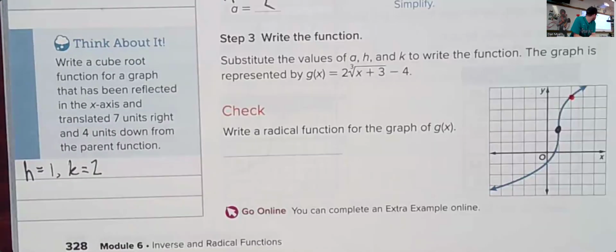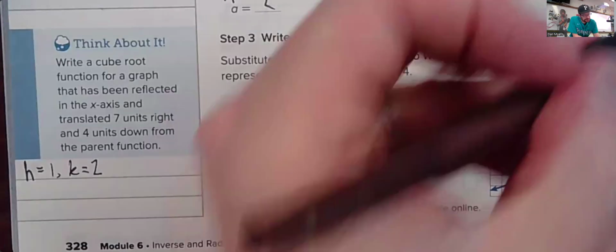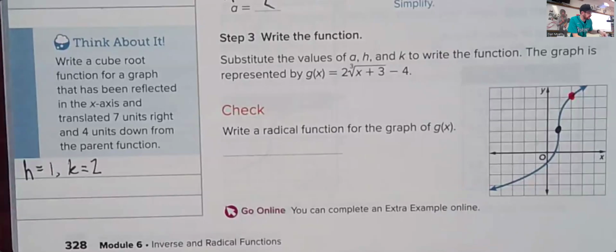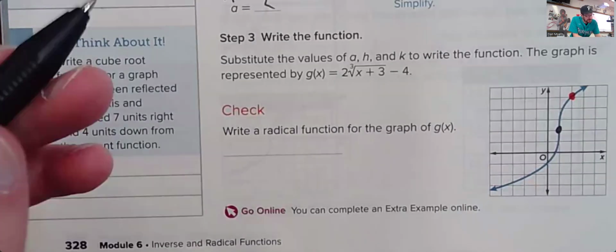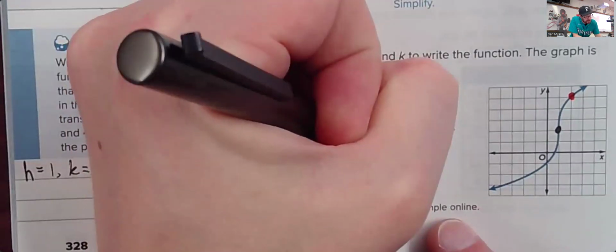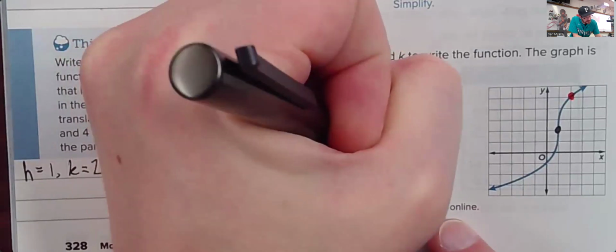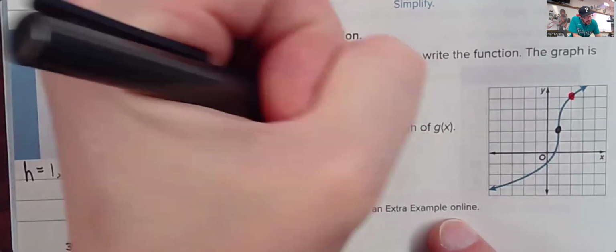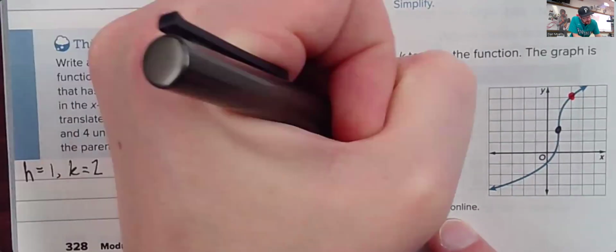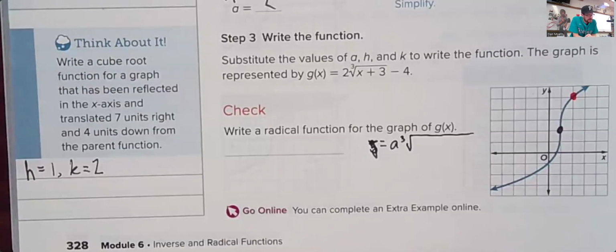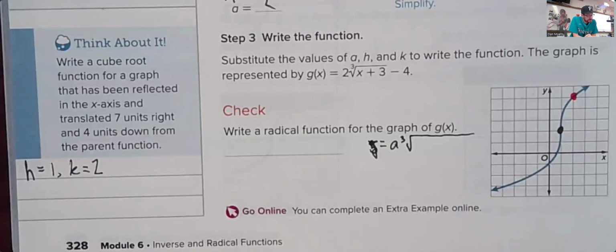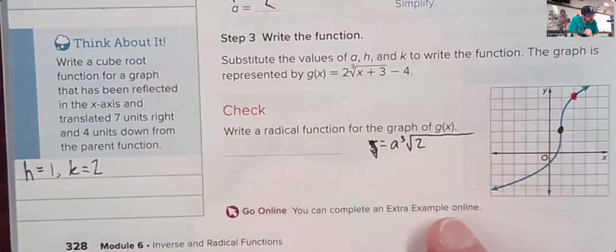Let's use that. So say x is 2 and y is 5. So here we go. Y equals 5. So we're going to say 5 equals the a, we need a, because that's what we're solving for, times the cube root of our x value, which is 2.